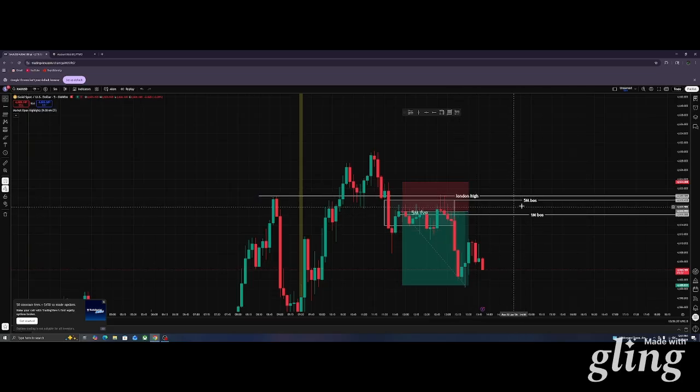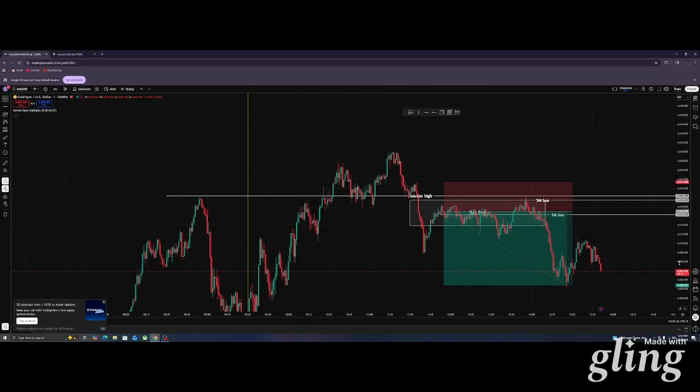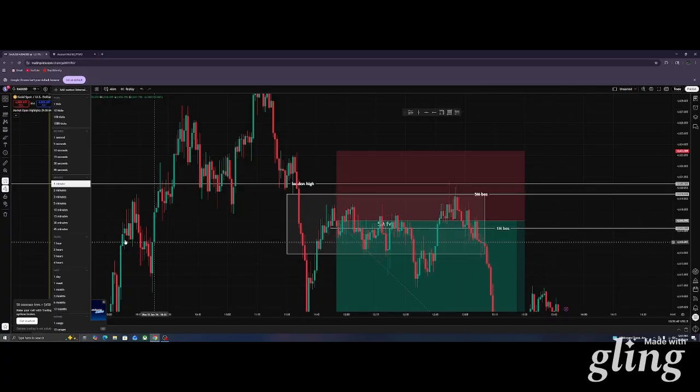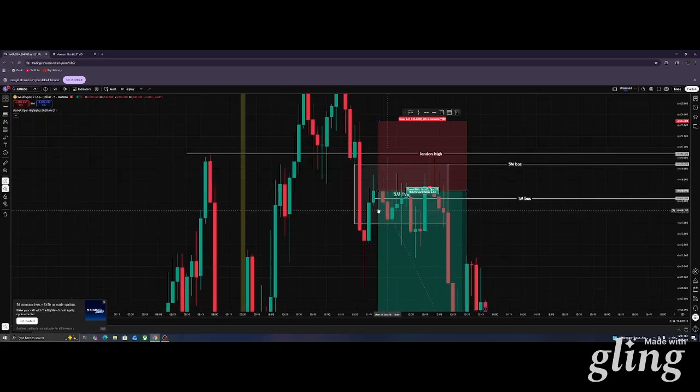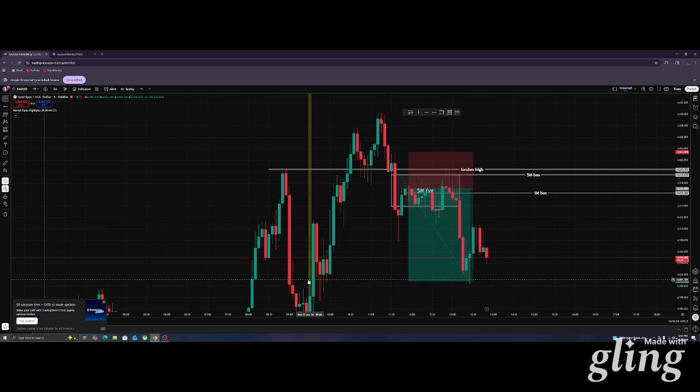So after the 5-minute breakup structure and 5-minute fair value gap, we look for a 1-minute breakup structure or inverse fair value gap. In this case, this line right here, you see it's a breakup structure to the downside, and that's when I entered. I know the market was going sideways a little, but that's fine because we still came here for these lows. I took them out and I made $304.